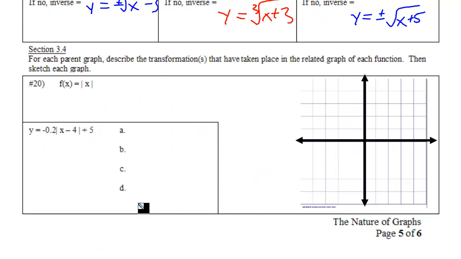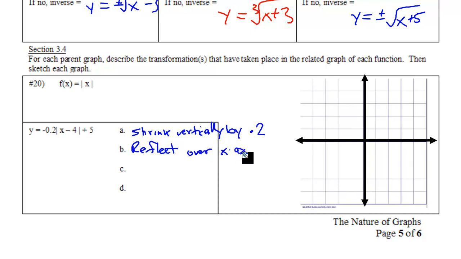Number 20, for the parent graph, describe the transformations that have taken place and then sketch the graph. Well, this 0.2 shrinks the graph vertically by 0.2. This negative reflects the graph over the x-axis.